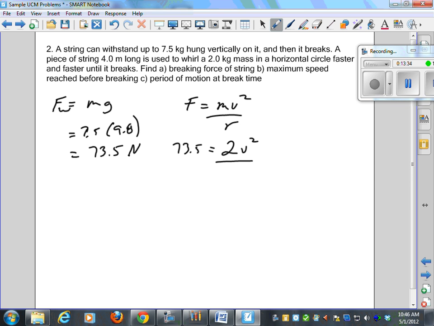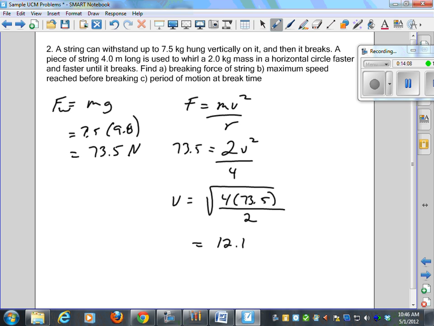And the string is 4 meters long, that's pretty big, isn't it? And 2 kilograms is pretty heavy to swing around. So it's 4 times 73.5 all over 2, I think, right? I get 12.1. Is that a negative?